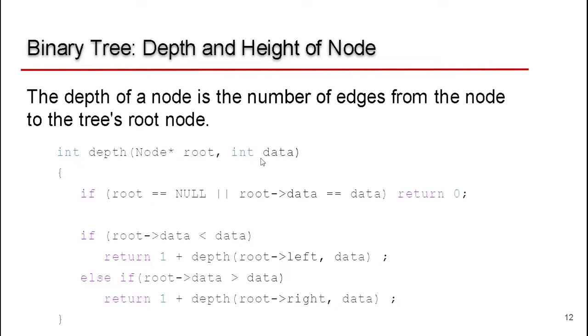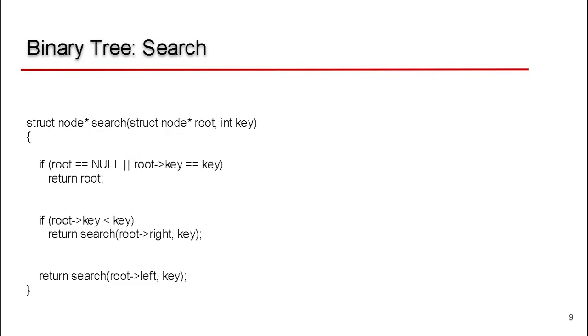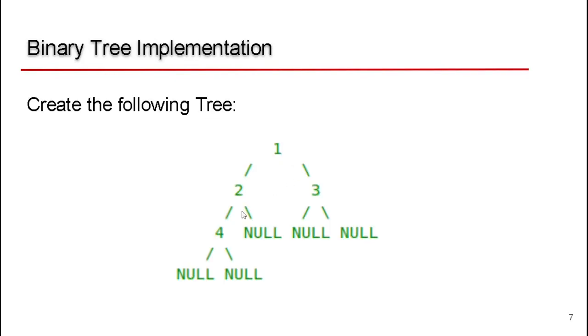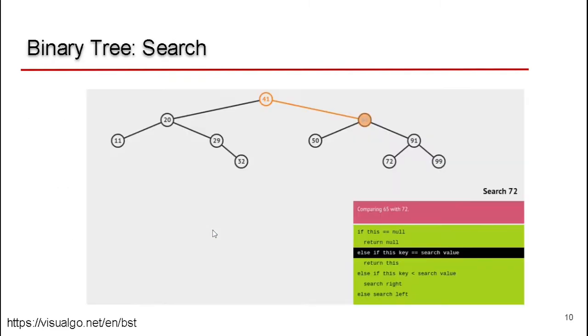You pass the root node to this function. How do you pass the node? You pass its address. For a tree like this one, you call the depth function with the address of the root, which is the address of node 1, and the value 4, and it will search for it.